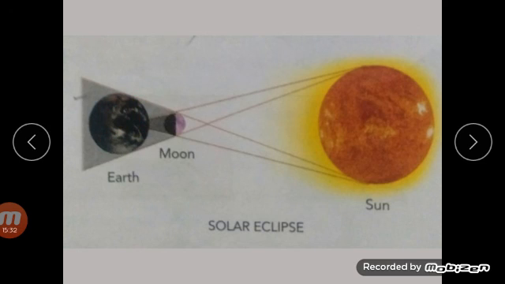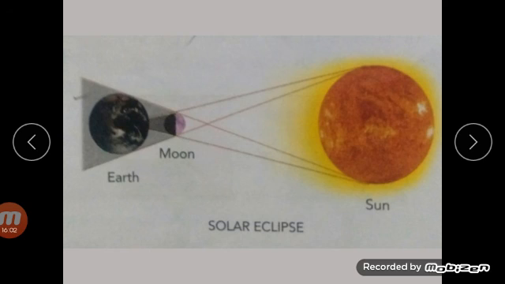In those parts of the earth where this shadow falls, the sun cannot be seen. Those who are living here are not able to see the sun. So what happened here? Shadows are cast. In this part of the earth where the shadow falls, the sun cannot be seen. This is called a solar eclipse.